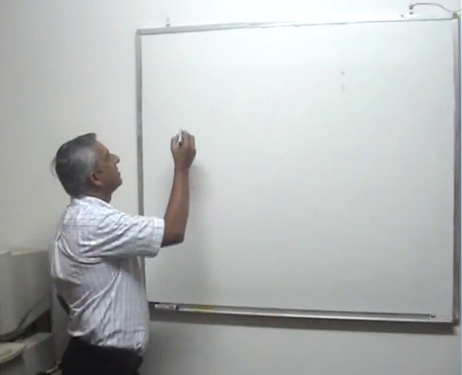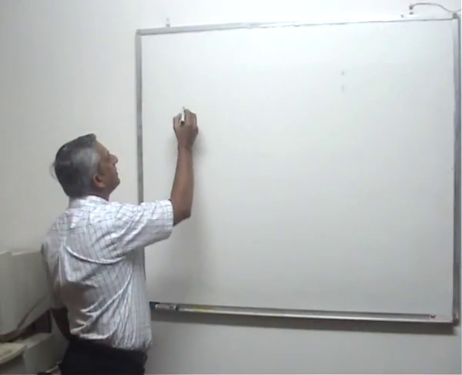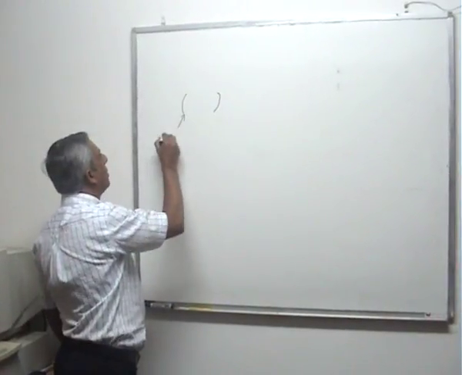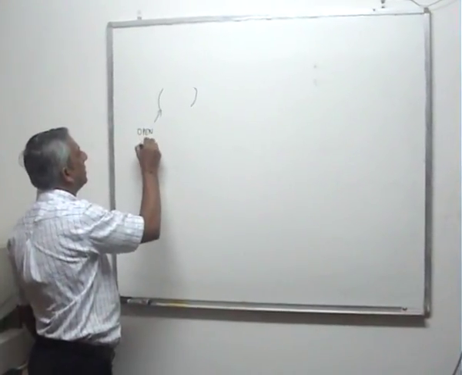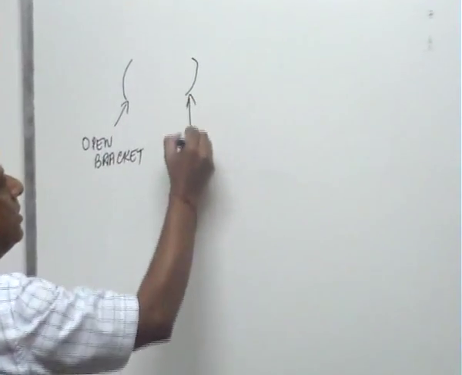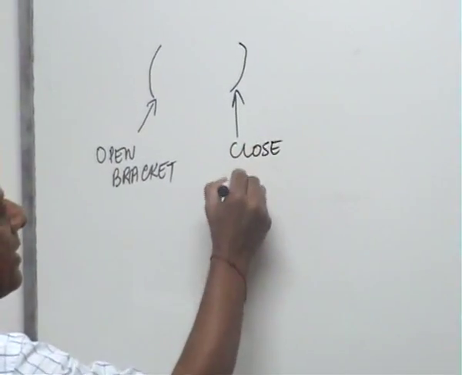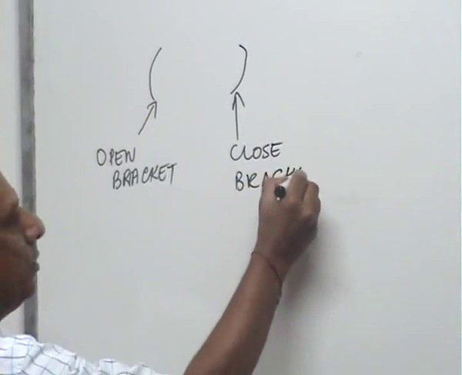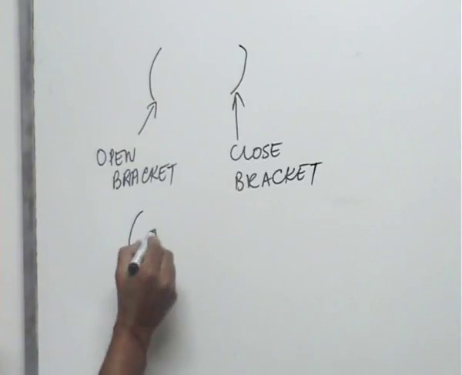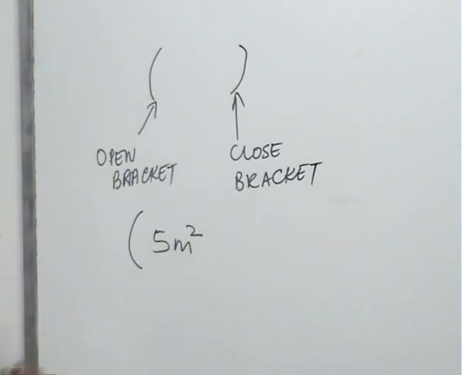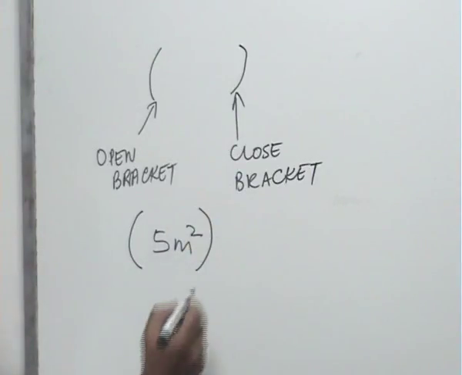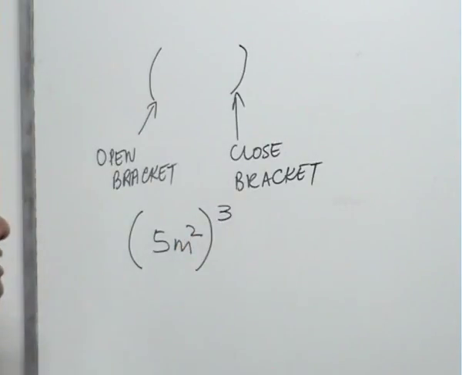Okay, before we move on to exercise 8, I need to explain something. When a bracket is written like this, it is called open bracket. And this one is called close bracket. So if I say open bracket, then you write that. 5m squared, you write 5m squared. Close bracket, then you close bracket. To the 3, then you write the 3 like that.